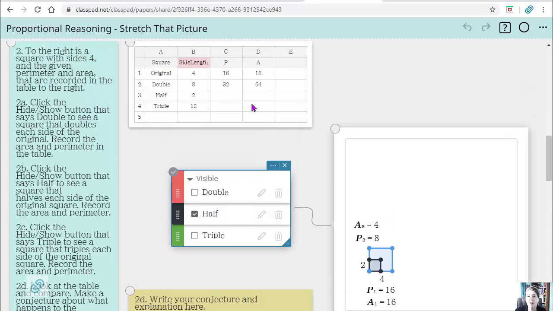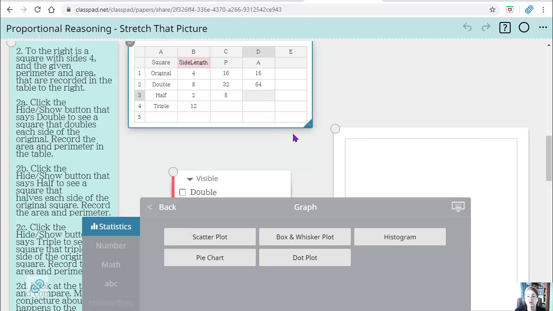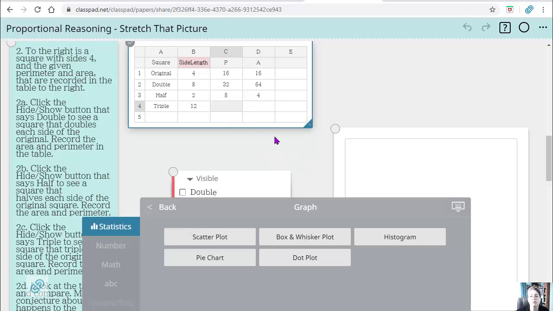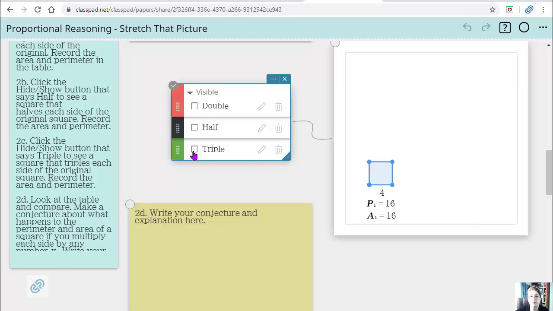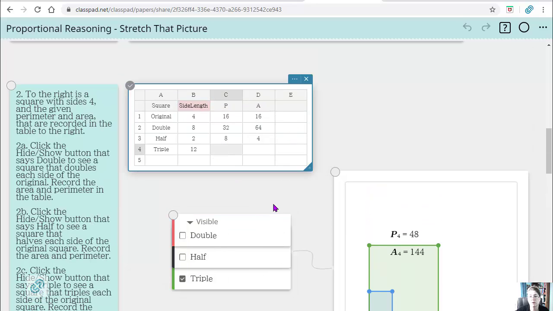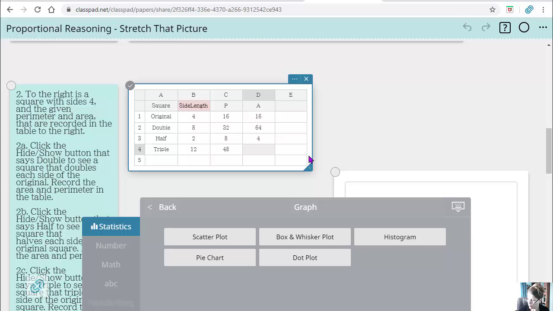And so halving, we're thinking we're going to have half the perimeter and the 1/4. So the opposite of quadrupling, 1/4, quartering the area, right? And then if we look at the triple, we get 48 and 9 times, right? 144.